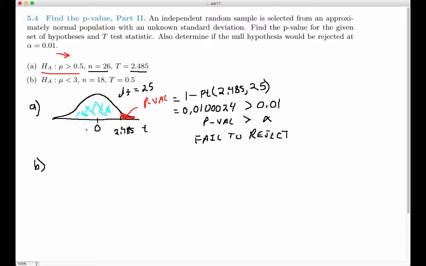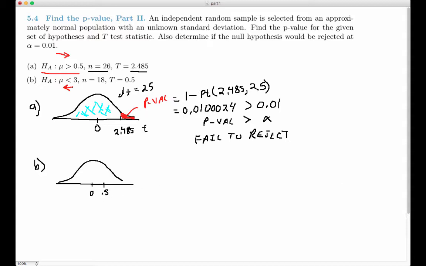Okay, let's go ahead and do part B here. In this case, our direction of extreme is going to be one-sided to the left, taking a look at our alternate hypothesis. So again, let's draw ourselves a t-distribution here. We are centered at 0. Our t-test statistic came out to be 0.5, which let's say is about there.